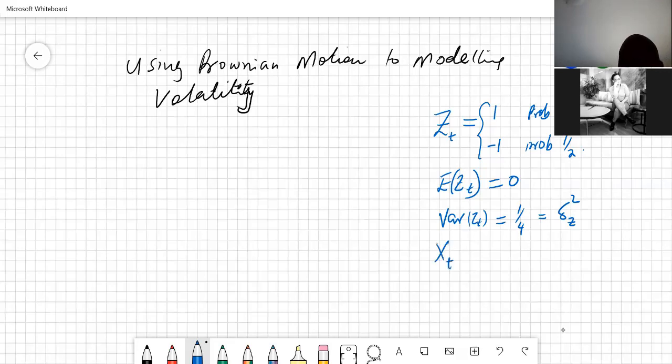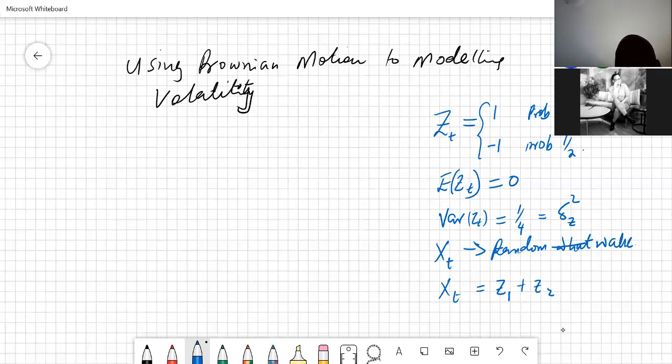X_T, which is now the random walk, is defined as Z1 plus Z2 plus up to ZT.